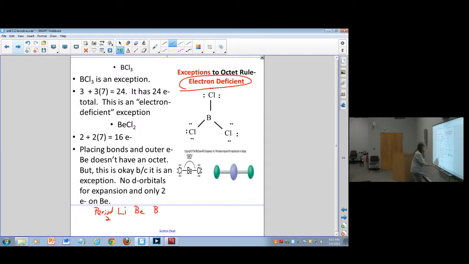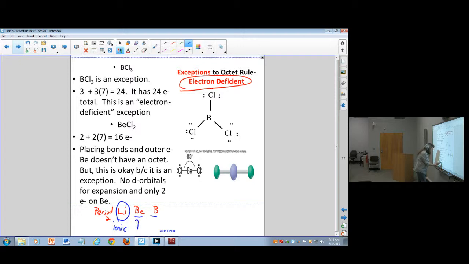Now, if we put something with lithium, that's a non-metal, it's going to be ionic. In other words, the lithium is going to lose its electron to whatever the non-metal is under most circumstances. However, beryllium and boron are exceptions.